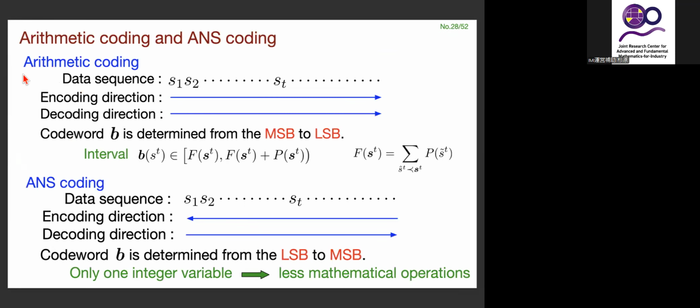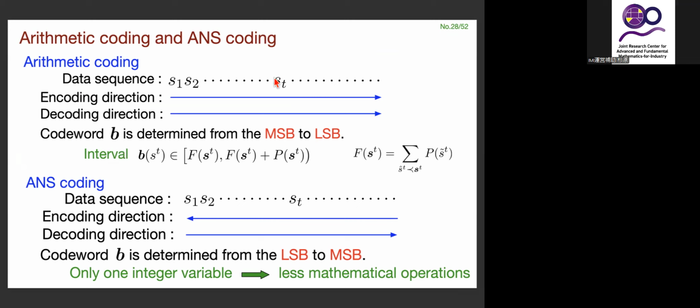In the case of arithmetic coding, a data sequence is encoded and decoded from the first symbol to the last symbol. Therefore, the code word is determined from the most significant bit to the least significant bit.